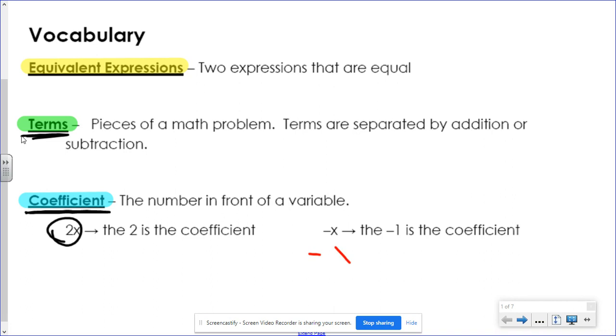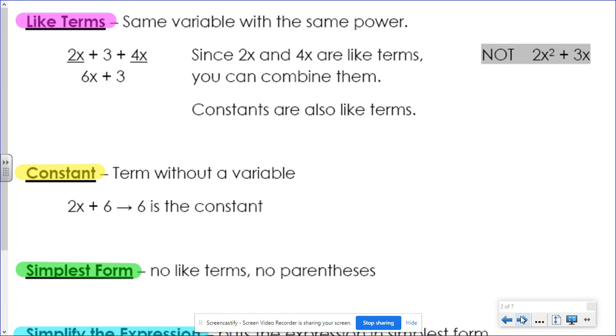So if I have negative x, you can see in here, I said that -1 is the coefficient. Here's why. In front of any variable, if there isn't a number there, I can put a 1 there. So if it's a negative in front of that variable, I can still put that 1 there. So it's really like -1 times your variable, your x. And again, those are the coefficients, the number in front of the variable.